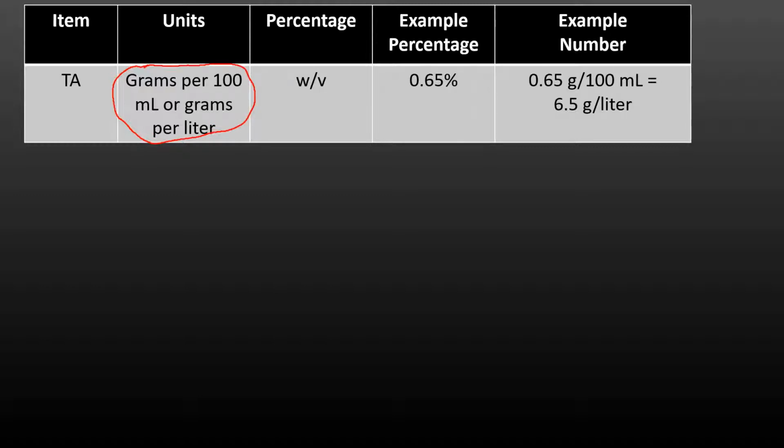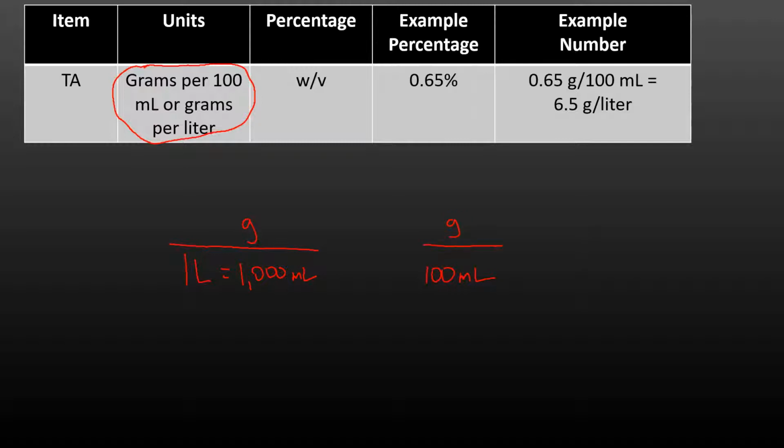So that's a little tricky. You either have units of 1 liter, which equals 1,000 milliliters, or you have units of 100 milliliters, and in each case it's grams per liter or grams per 100 mils.